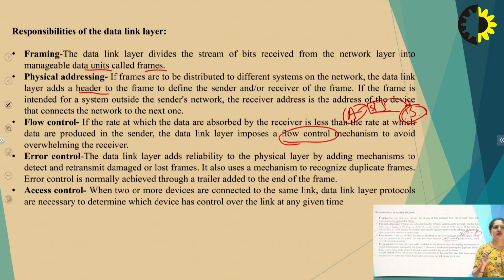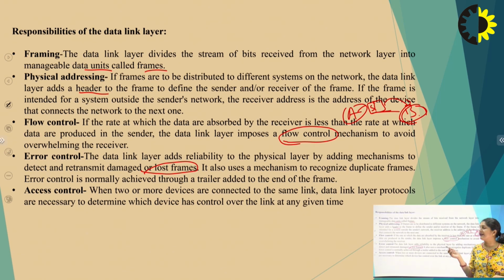So error detection and correction is a main function of the data link layer. The data link layer adds reliability to the physical layer by adding mechanisms to detect and retransmit lost frames. If frames are lost or have some error, they will be retransmitted again.